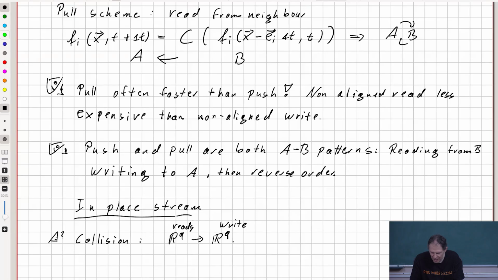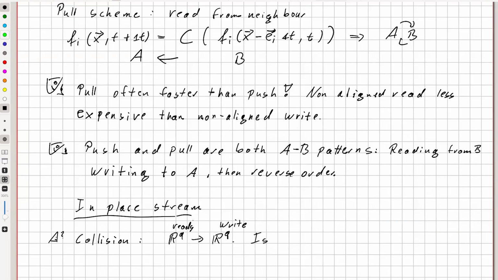So in principle, we can discard all the variables that we've once used. So the question is: is it possible to write from A to A? This is an AA pattern.